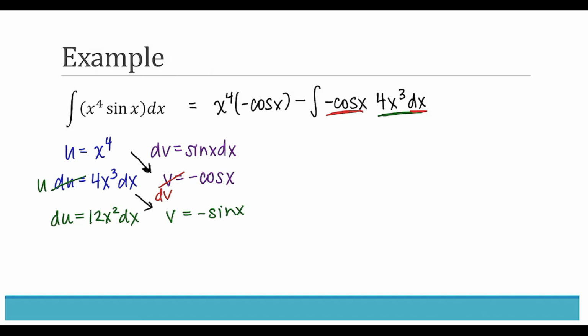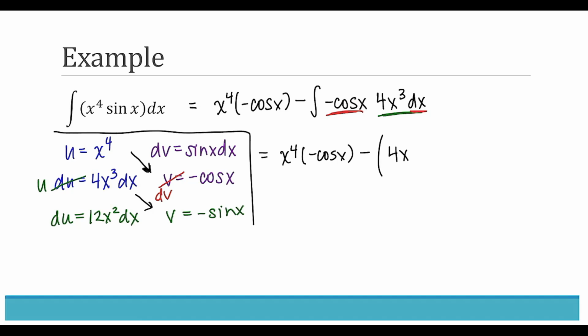Let's see, I'm going to bring this down. I have this x to the 4th, negative cosine x, that's still there, minus, I'm going to put parentheses, u times v, that's 4x cubed times negative sine x, minus the integral, and I'm going to go horizontally here, of v du, so negative sine x times 12x squared dx.